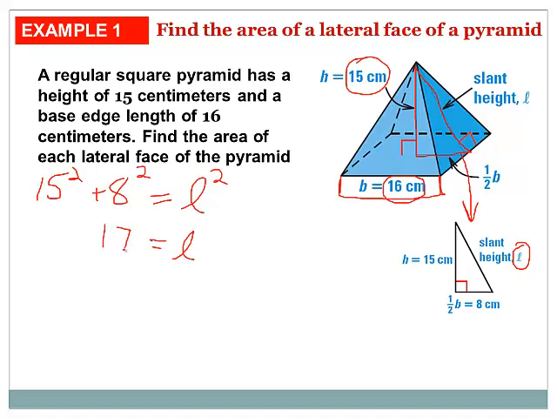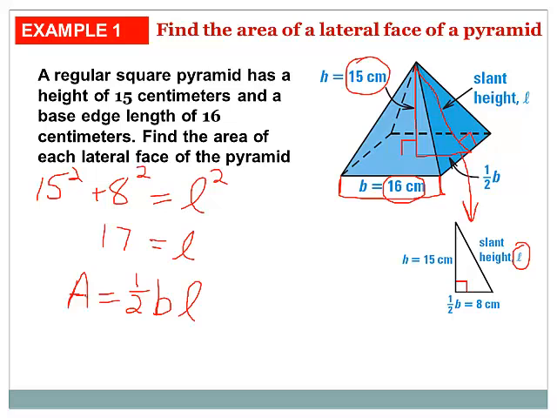And if we're finding the area of our lateral face, if you look, the lateral face is a triangle, so we're going to use the triangle formula. So the area formula for a triangle will be area is equal to 1/2 base, and the only thing that's different here is the slant height. So we have area is equal to 1/2 the base times the slant height.